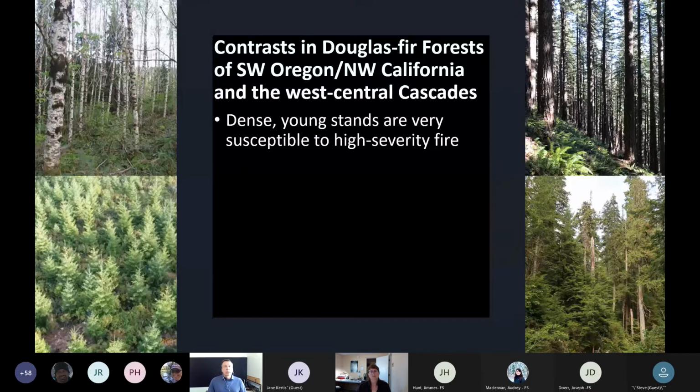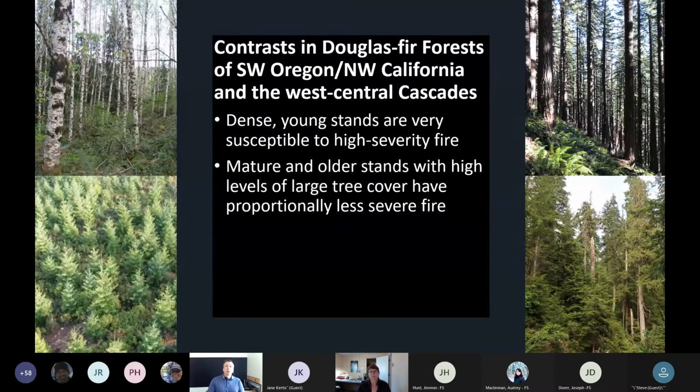One of the things that's pretty consistent is that dense stands of small diameter young trees are very susceptible to high severity fire. But as we start looking at mature and older stands in our west side forests, when those mature stands have high levels of large tree cover, they tend to experience proportionally less high severity fire than the surrounding landscape.